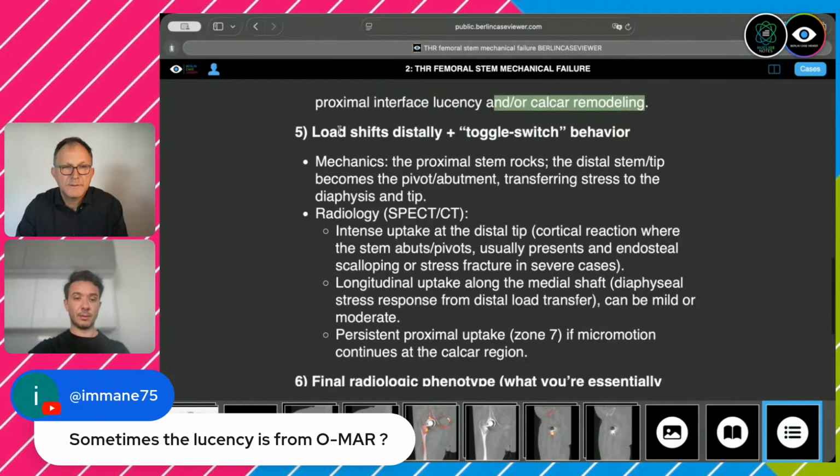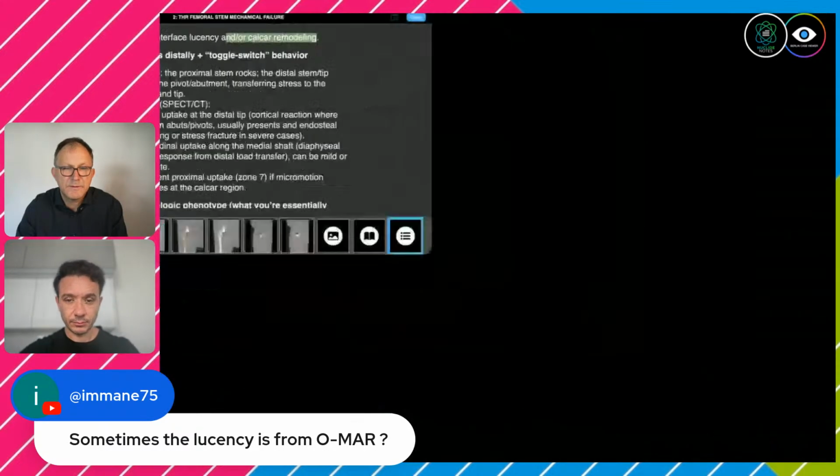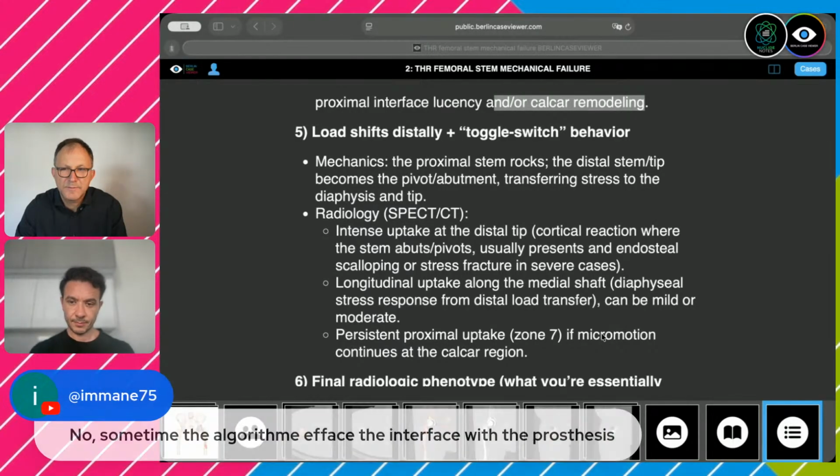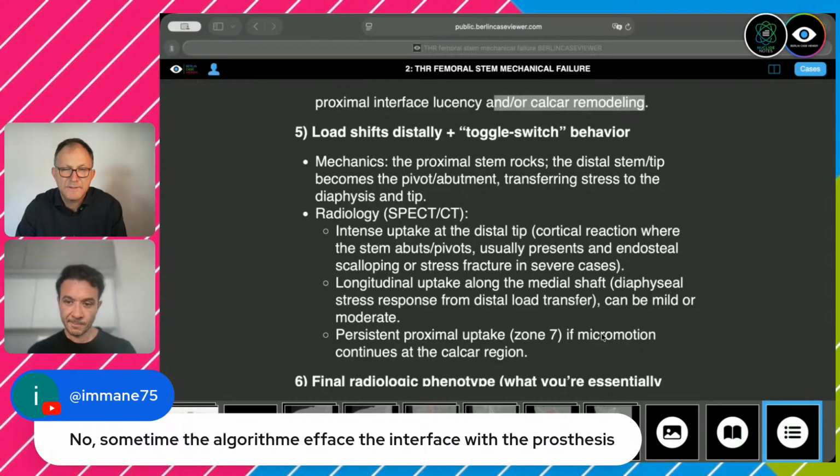Ziad, we have a question about whether there are artifacts, like metal interface artifacts coming from the CT reconstructions, that can simulate these lucencies, and how do you cope with that?